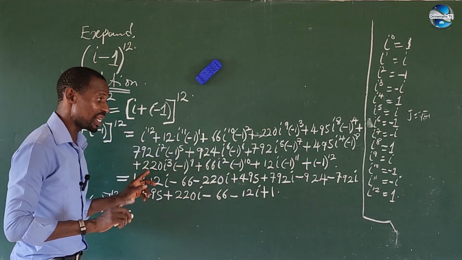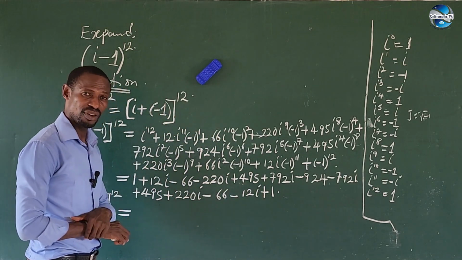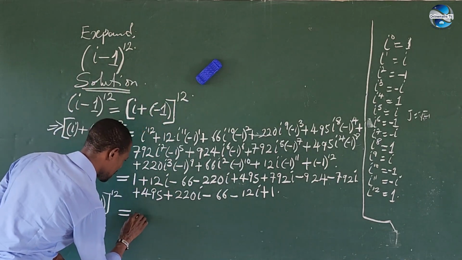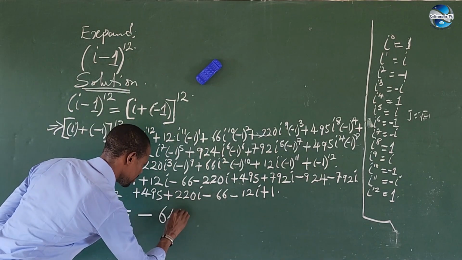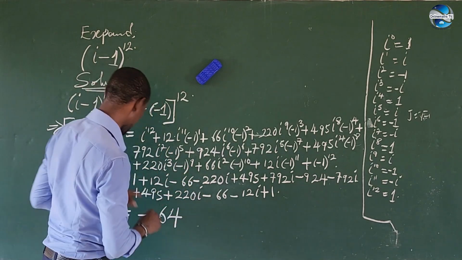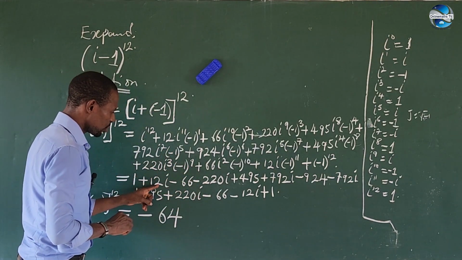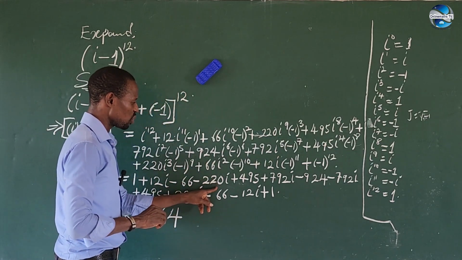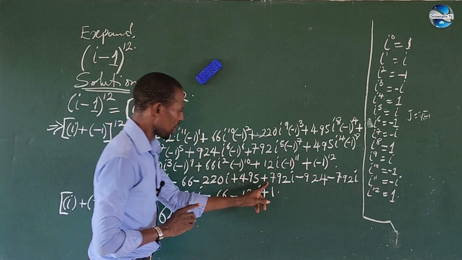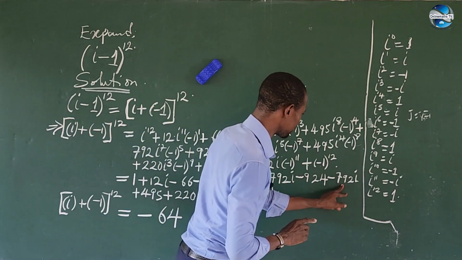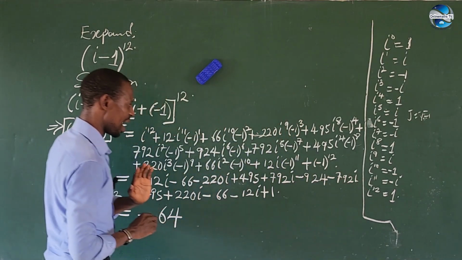If you use your calculator very well, that will give us minus 64. So we have this to be minus 64. Then let's come to our terms that are carrying iota. So we have this plus 12 iota minus 222 iota plus 792 iota minus 792 iota.